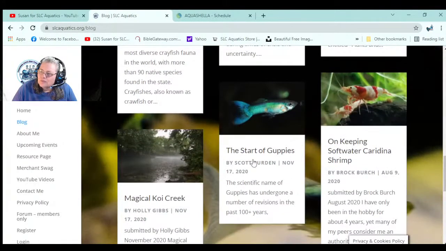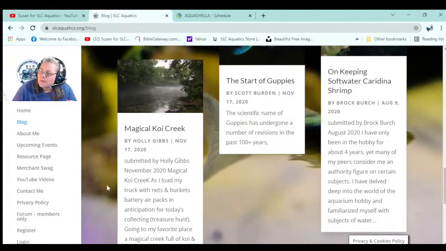Start of Guppies by Scott Burden. Brock Birch, Keeping Saltwater Caridina Shrimp. And our own Holly Gibbs, the Freaky Fish Lady or something like that, did an article on Magical Koi Creek. So there's all kinds of things.